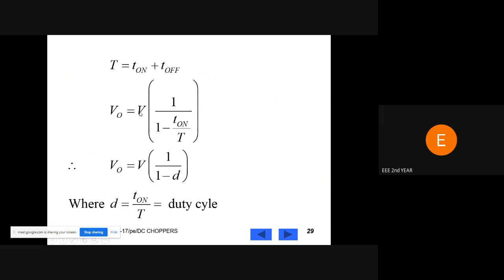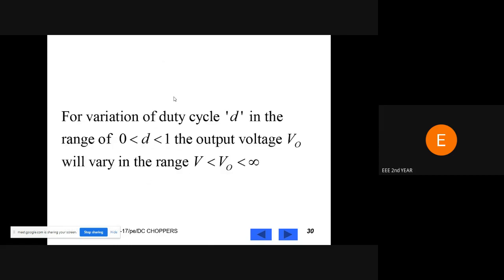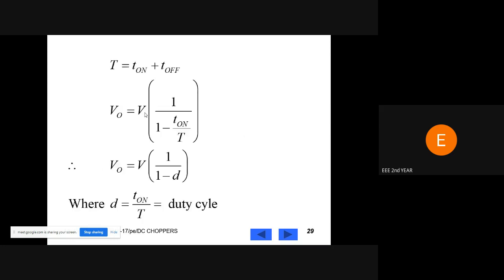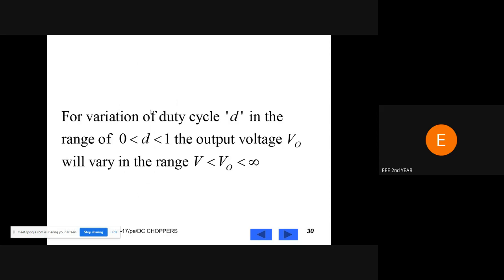Simplifying, V naught equals V into 1 divided by (1 minus T on by T). T on by T is represented as D, the duty cycle. So V naught equals V into 1 by (1 minus D), where D is equal to T on by T. For the variation of duty cycle D in the range of 0 to 1, the output voltage varies in the range of V to infinity.